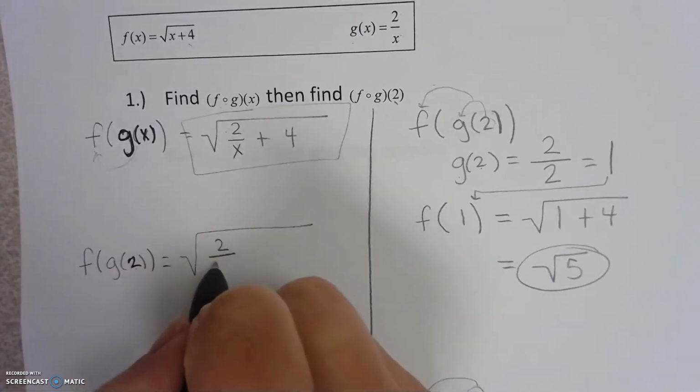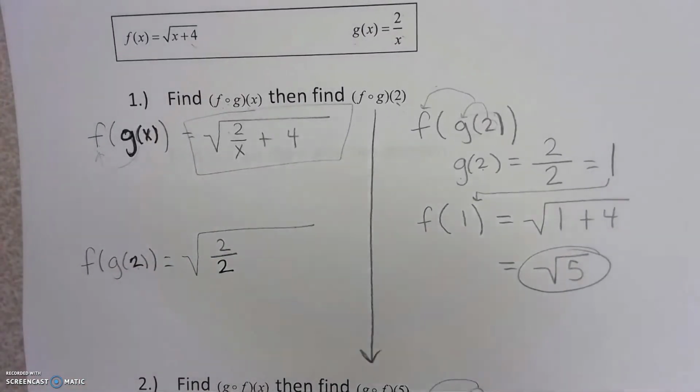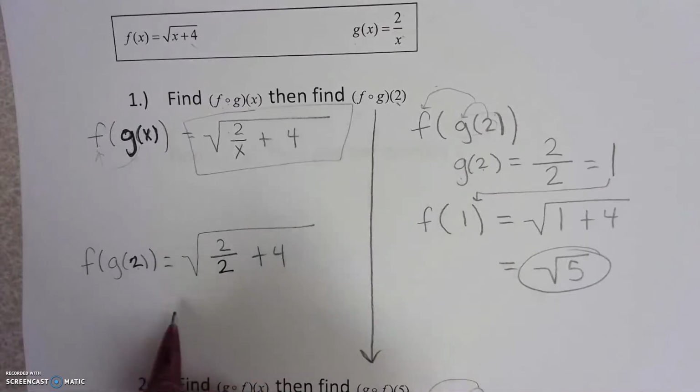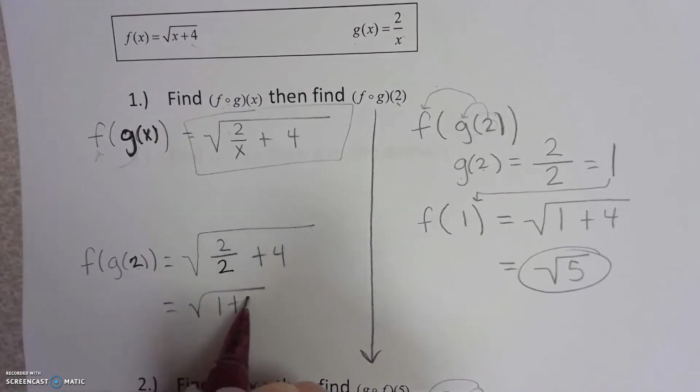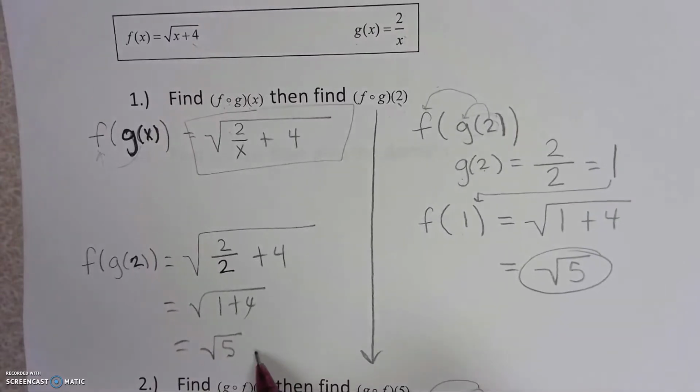So this 2 we would put right there. And then we'd simplify. We'd have 1 plus 4, which is the square root of 5. Notice it's the exact same thing you got over here.